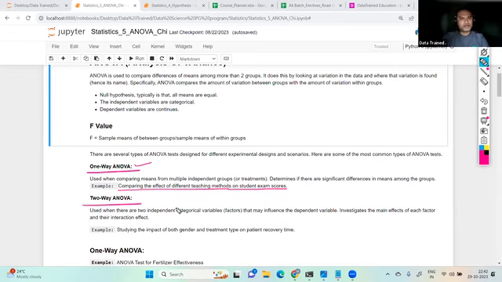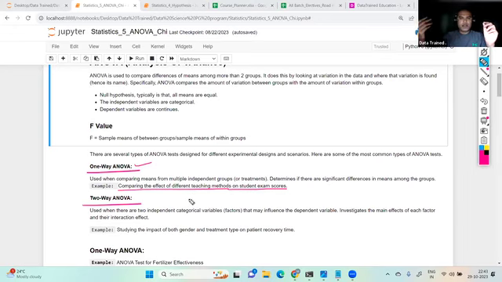Say I am teaching, and my teaching method is different from another person's teaching method. When I teach, how many marks will you get? It's the same student, the student is not going to change. I am teaching and will conduct an exam, and he will get some score.